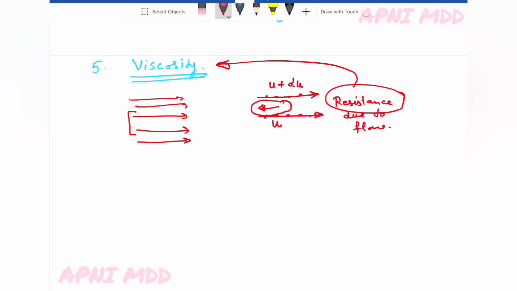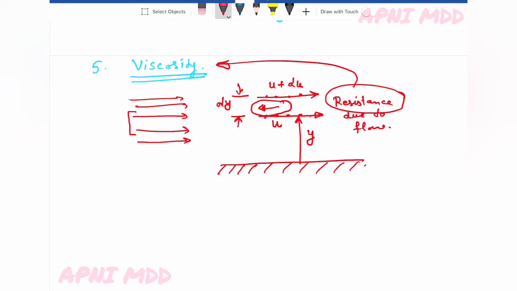The distance between these two layers is say dy. Now from the reference of the bottom surface, the distance of the lower layer is y and the upper layer is y plus dy.